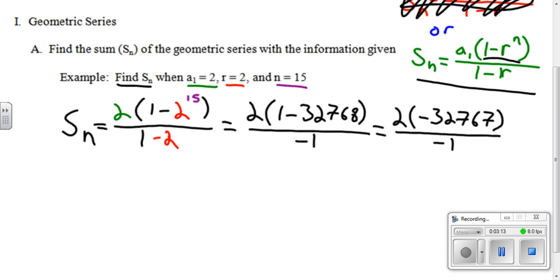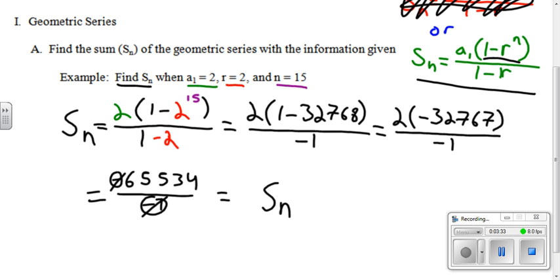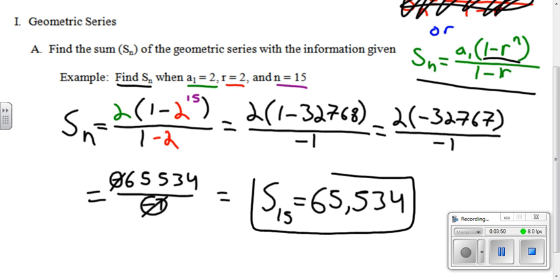Then 2 times that amount becomes negative 65,534, still all over negative 1. Negative over a negative, those cancel out, and so we get that our S sub n equals 65,534. And if we want to be even more exact, we know specifically that it's S sub 15. It's the sum of the first 15 terms of that geometric series.